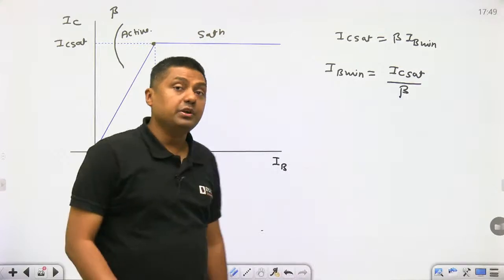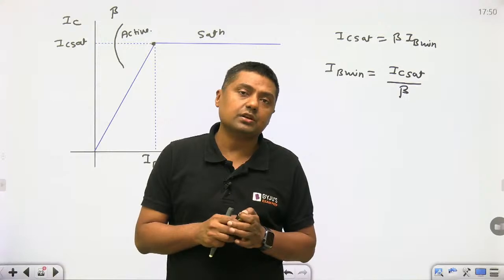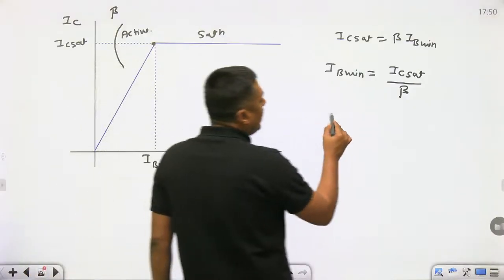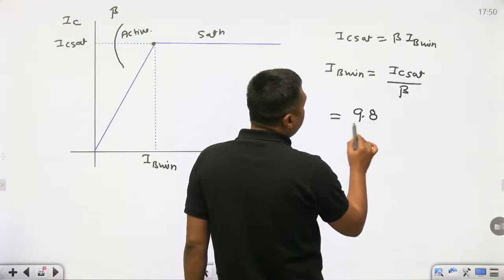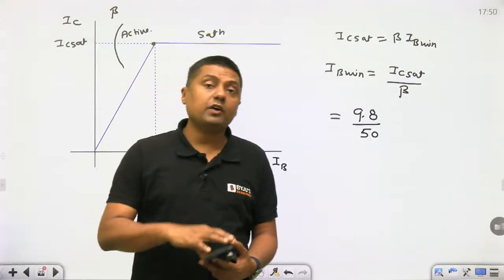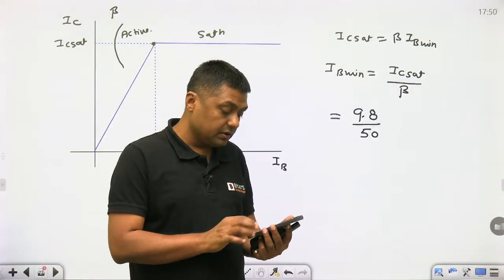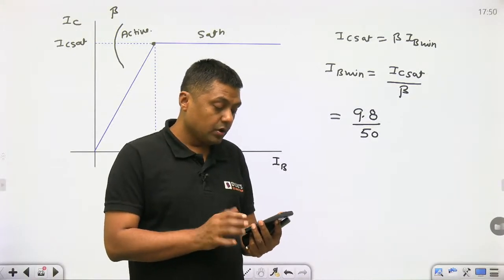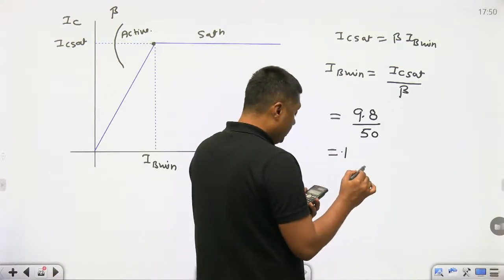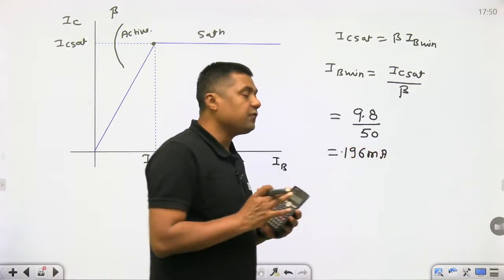What is the IC sat here? 9.8, divided by 50. This will give you the minimum base current required for saturation: 9.8 divided by 50 is 0.196 milliampere.